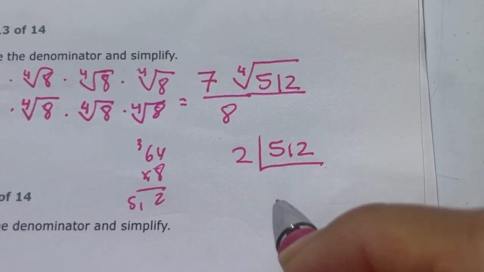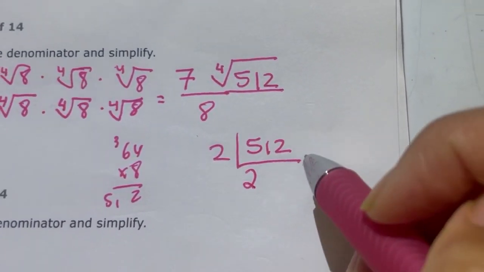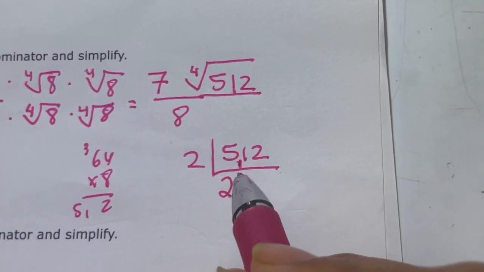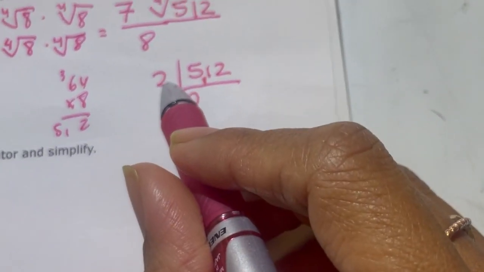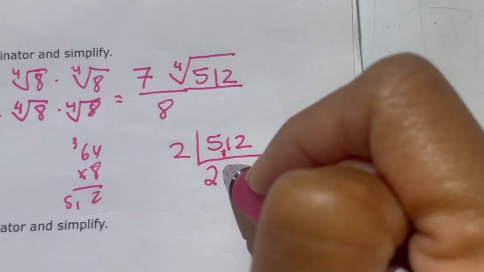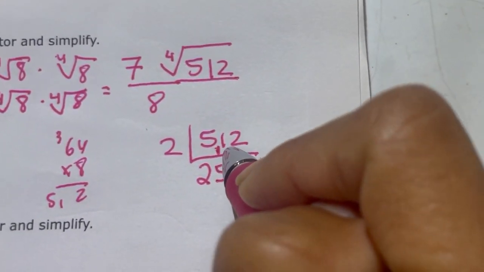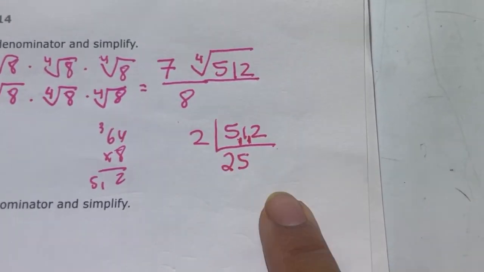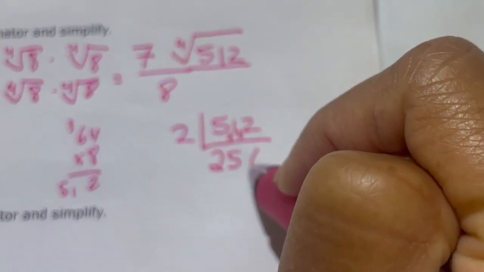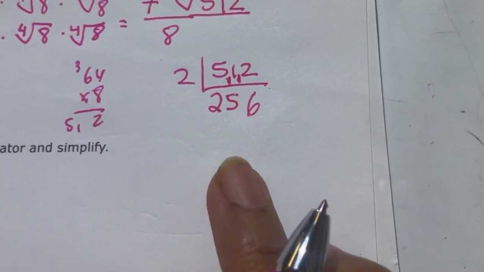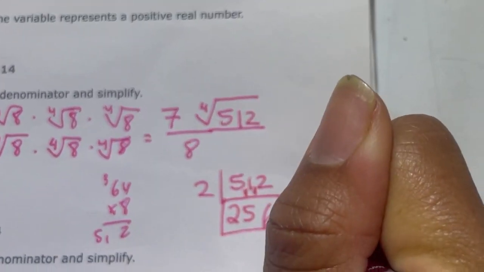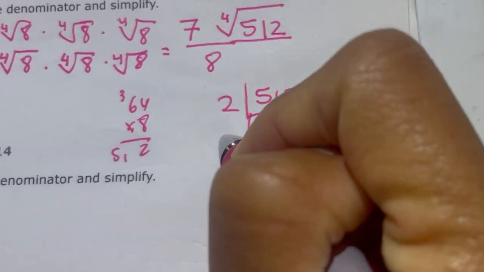5 divided by 2 gives me 2 with a remainder of 1. So I'm going to put the 1 here, so that makes this an 11. 11 divided by 2 gives me a 5, with a remainder of 1. So this is a 12 now. 12 divided by 2 gives me a 6. So a fancy schmancy way of doing upside down division. 256 divides by 2.